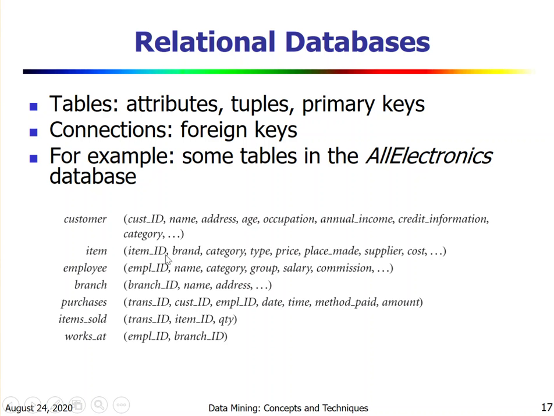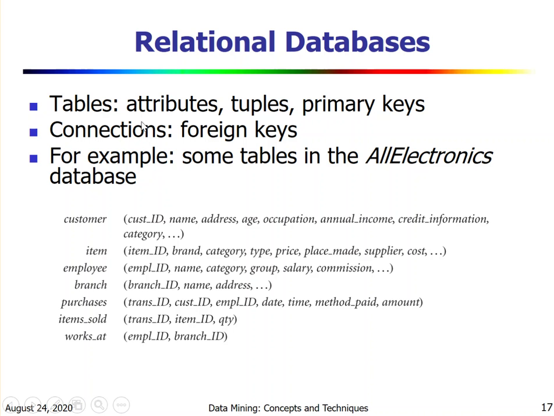You have item ID, brand name, category, type, price, place made, etc. And also, in order to manage employees and different branches, purchases made by customers, and items sold, those are all the items in the inventory, and this is items being sold. And an employee works at certain branches.